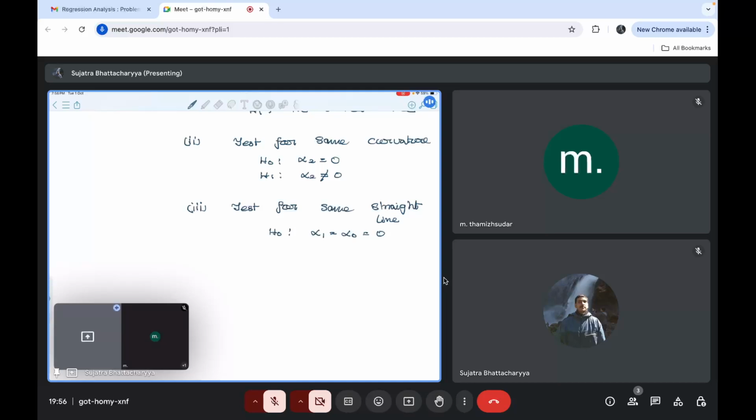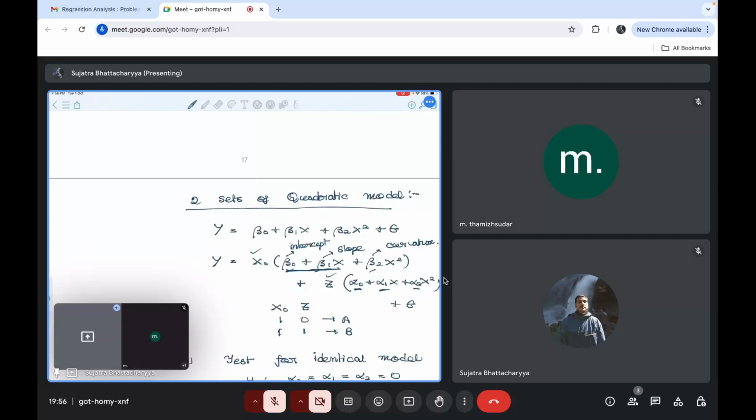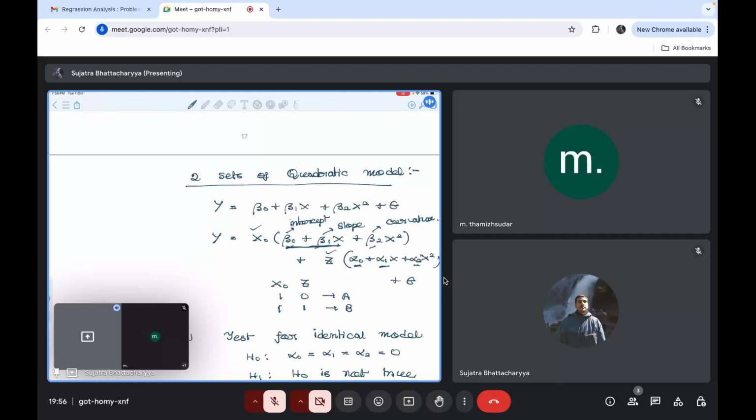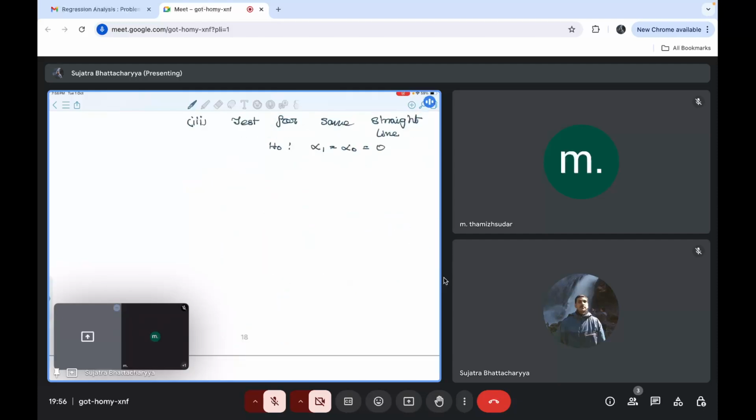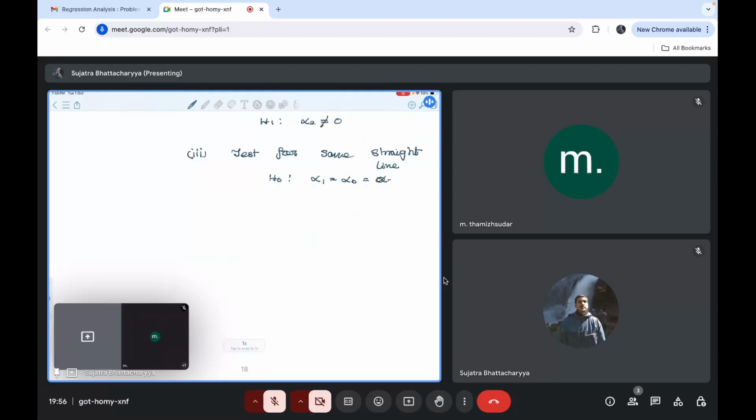Also, beta naught and beta 1 create a straight line, so the curvature term has to be 0. Alpha naught, alpha 1, and alpha 2 all have to be 0. So it's not only this, alpha 2 also has to be 0, beta 2 also has to be 0. And H1 is when H naught is not true.